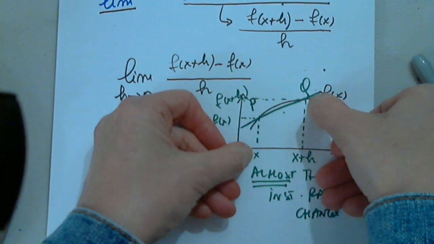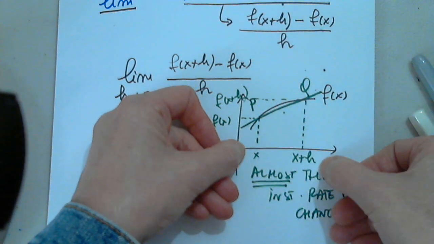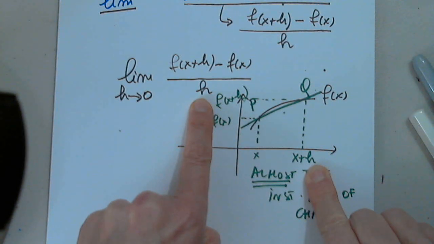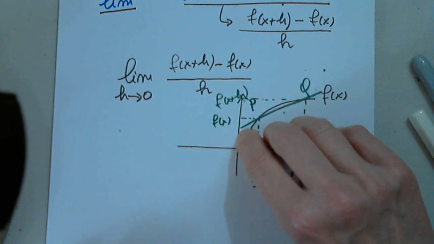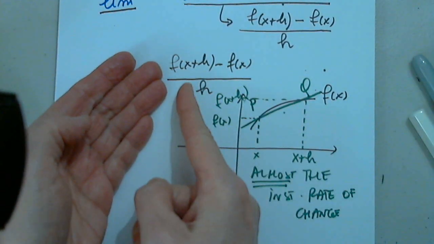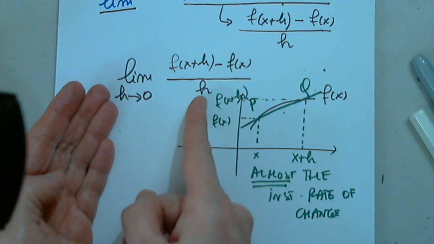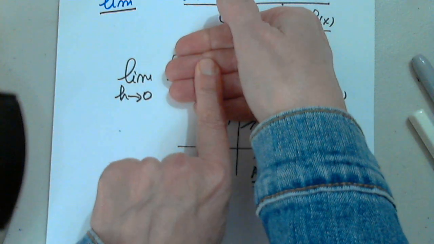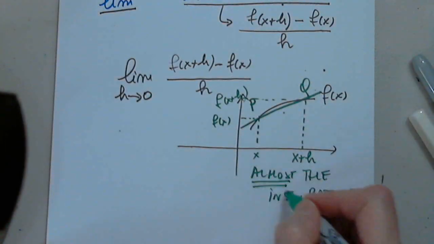If Q gets closer and closer to P, what will happen is h approaches 0. So the slope of this line is this. But if I put the limit in front, as h approaches 0, I'm asking, find the trend of the difference quotient. The trend of the difference quotient will give us the instantaneous rate of change. For sure, not almost anymore.